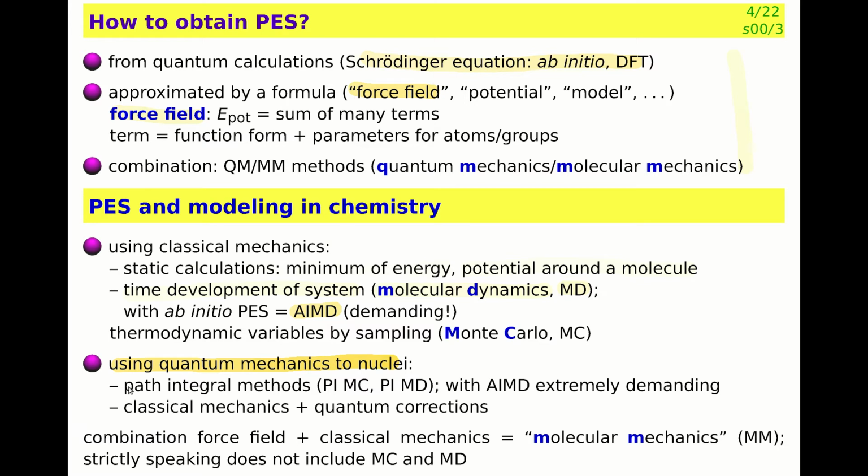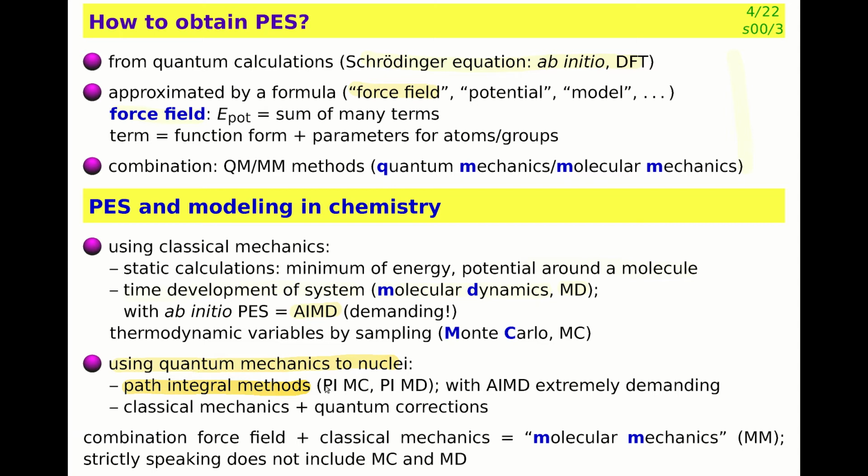We can use the so-called path integral methods. This is a method where we simulate a certain extended system in such a way that quantum effects are taken into account. Again, I will not speak about details of this approach in this course.